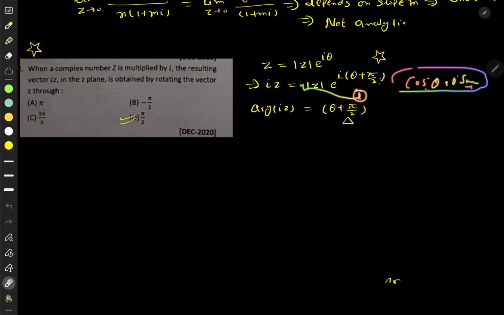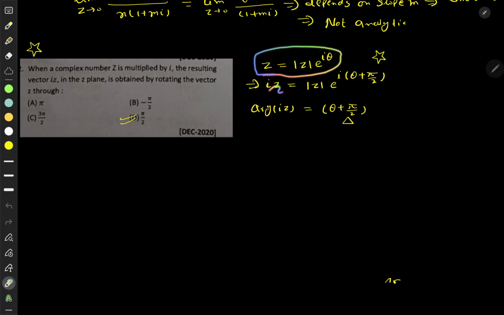So it will multiply with the whole term. So if z is like this, iota z can be written like this. You can say the argument of this complex number is theta and the argument of this complex number is theta plus pi by 2. So when you rotate it by pi by 2, the whole complex number is multiplied by iota. Very important question.